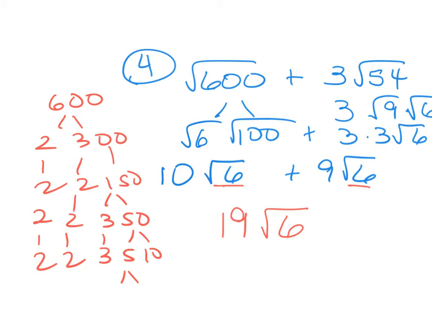The 5 just comes down as a 5, the 10 is the 2 and the 5. So now I've got all of these numbers in the bottom, so I'm going to make my pairs. Pair of 2s, pair of 5s. So one of the 2s comes out, one of the 5s comes out, 5 times 2 is 10, the 3 and the 2 go back under, and the 6 stays underneath. So if you're not good at recognizing the largest perfect square that's a factor, you do the whole tree, and you make your pairs. Everybody good on that? I just took a shortcut.